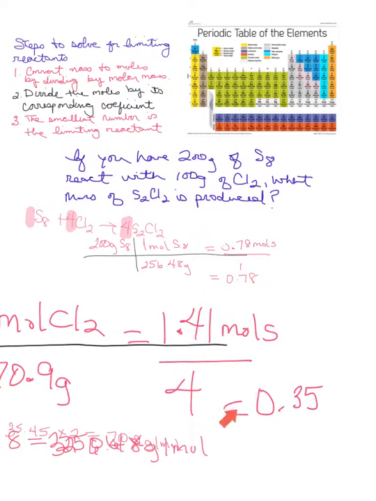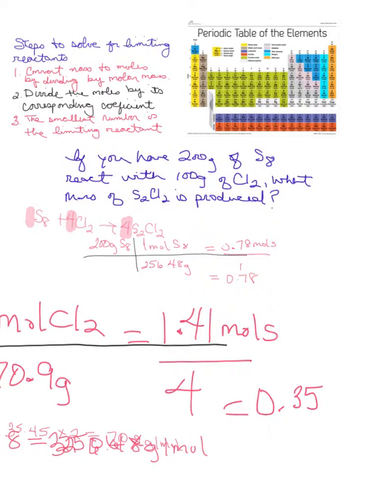When I did chlorine, I ended up with my number being 0.35. And step number 3 says the smallest number is the limiting reactant. So in this particular situation, my limiting reactant is going to be chlorine.